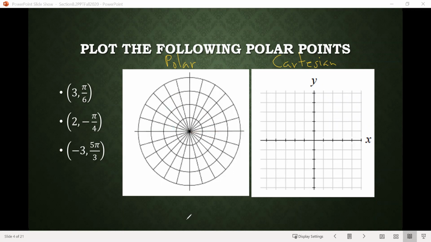So let's look at the first one. So we have 3 and pi over 6. And remember that the order these go in are r comma theta. So 3, pi over 6 tells us that we're going to go out 3 units from the origin. So out 1, 2, 3. And then rotate around a measure of pi over 6 radians, which we know is about 30 degrees.